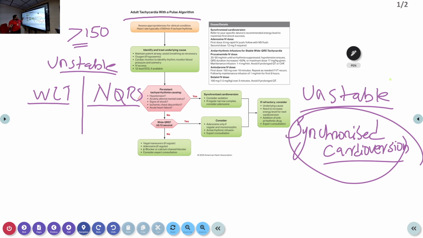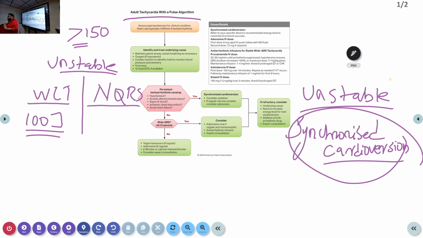Once you say that the patient has an unstable tachycardia, the next question is whether it is a wide complex or a narrow complex. If it is a wide complex tachycardia, you need to start with 100 joules. Wide complex irregular you won't see here, because wide complex irregular is ventricular fibrillation, which you will see only in cardiac arrest.